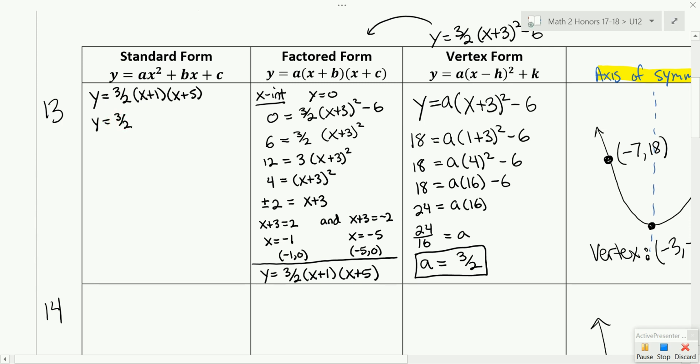I'm going to multiply the x plus 1 times the x plus 5 first. And so my answer needs to stay in parentheses with the 3/2 on the outside. And then for the last step, I'm going to multiply by the 3/2.